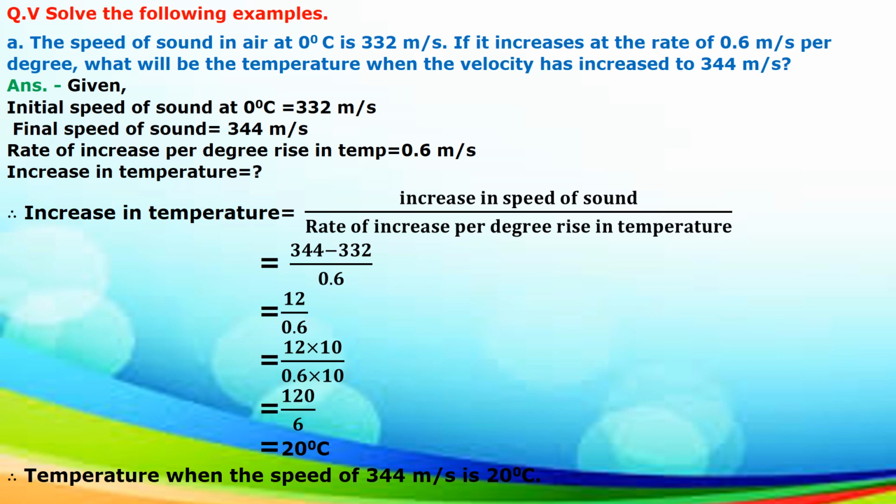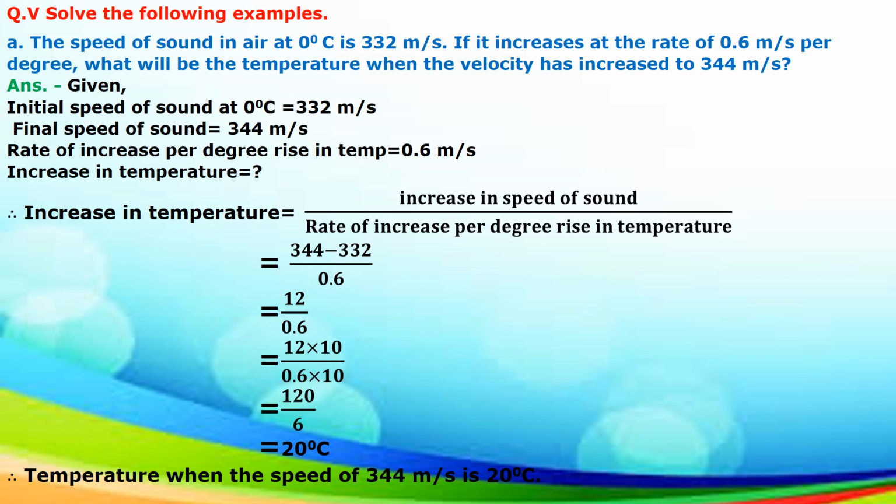So first of all, we will write given things. Initial speed of sound at 0 degrees Celsius is equal to 332 meter per second. Final speed of sound is equal to 344 meter per second. Rate of increase per degree rise in temperature is equal to 0.6 meter per second.